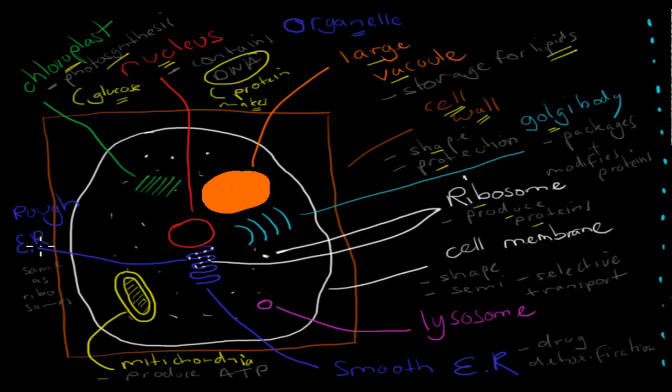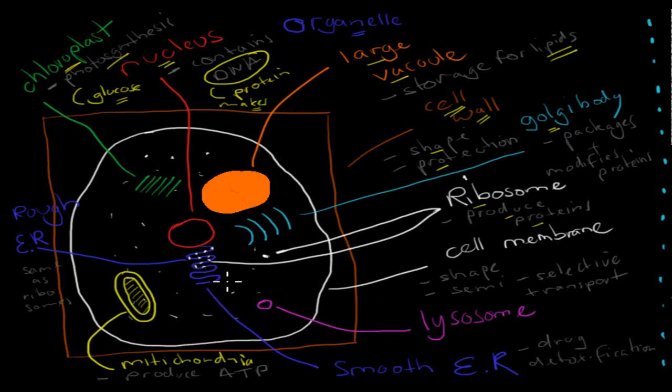Now, rough ER, that's going to be joined to your actual nucleus right here. Rough ER is basically just a place where that RNA, which will be made in the nucleus but then delivered out to the ribosomes, can travel in. So rough ER is more or less a highway system that connects the nucleus and can make sure that a lot of proteins are made.